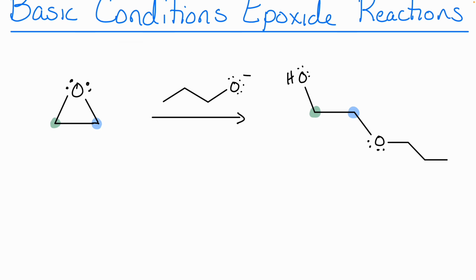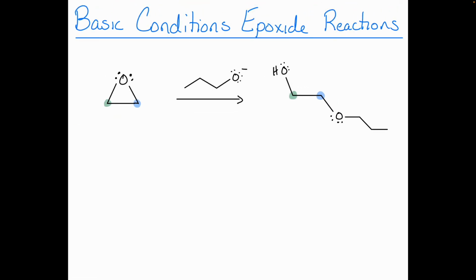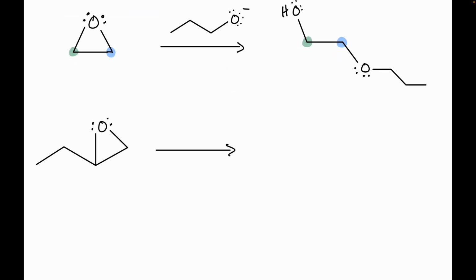All right, but let's use a little bit more complicated of an epoxide here. Something that's got a few more carbons going on. And again, we'll pick one of our negatively charged nucleophiles here.